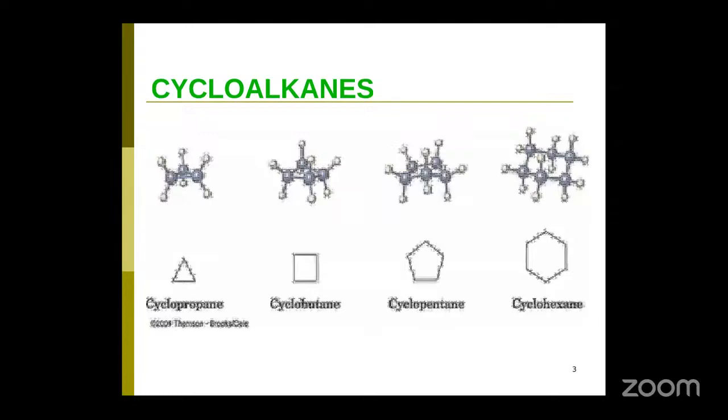Now, this is a typical example. This is dimethyl cyclopropane. Because we have a cyclo ring, but in that ring we have two attachments. When these methyl groups are on the same side, they are cis, and when they are opposite each other, we say they are in trans form.